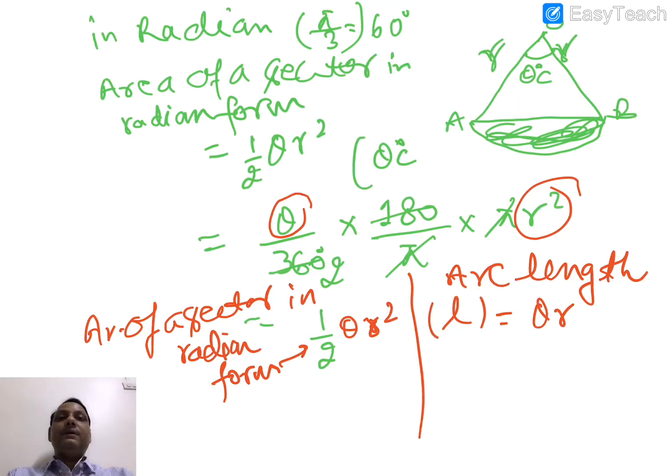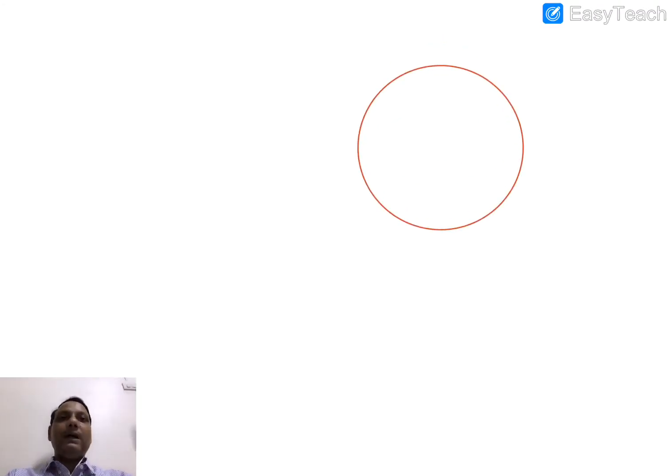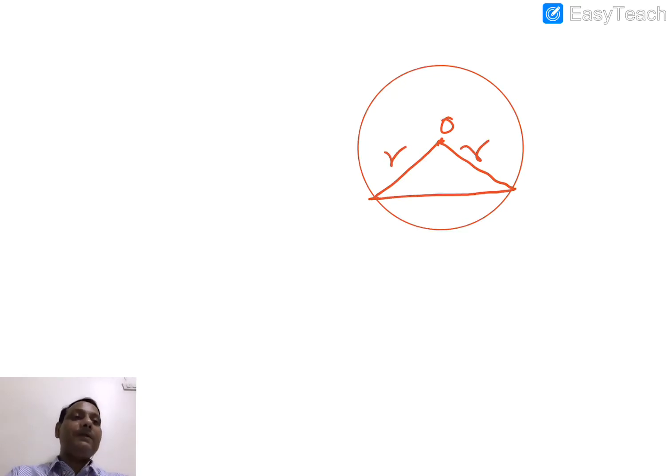See, we have a circle here. Now I'm going to show how to calculate the segment when the angle is given in radian. In this topic you might have to know the sine rule, the cosine rule, and the area of a triangle when two sides and the middle angle are given.